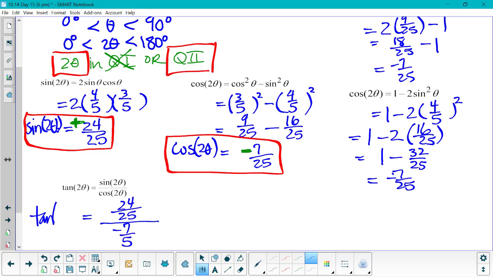And we know how to simplify that complex fraction, multiply top and bottom by 25, and we end up with 24 over negative 7, or negative 24/7, which should make sense, since tangent is negative in quadrant 2. There you have it. Fun stuff.